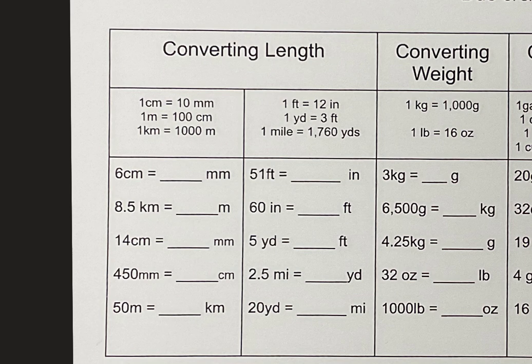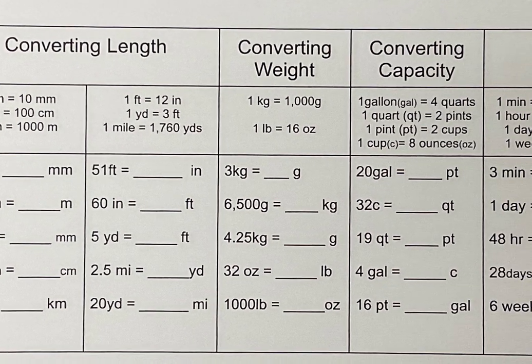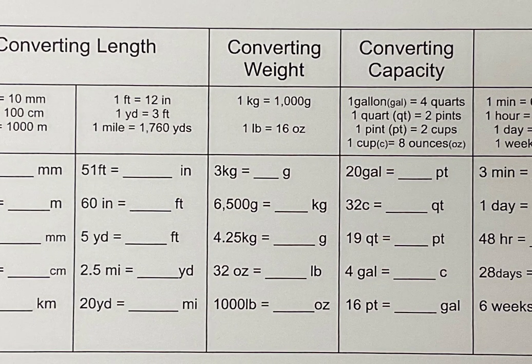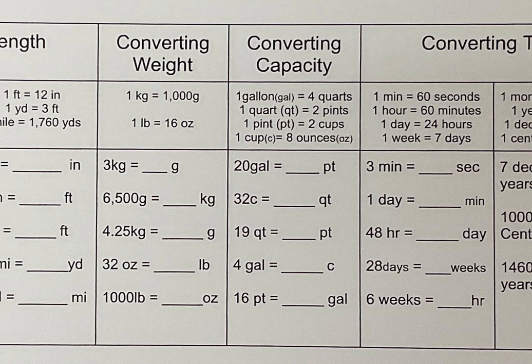And so you guys can use those conversions to help you out with the 5 that are under that column. And then converting weight, we're dealing with kilograms and grams, and then pounds and ounces. So 1 kilogram would equal 1,000 grams, and then 1 pound would equal 16 ounces, right? And so you'll use those to help you out on those 5 in that column.